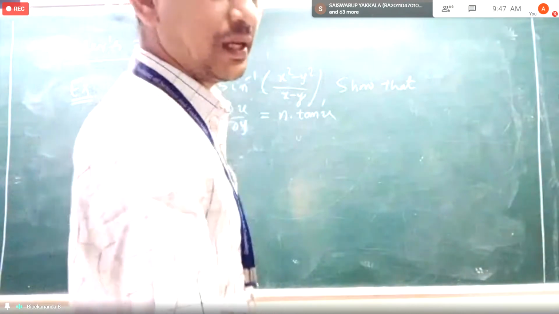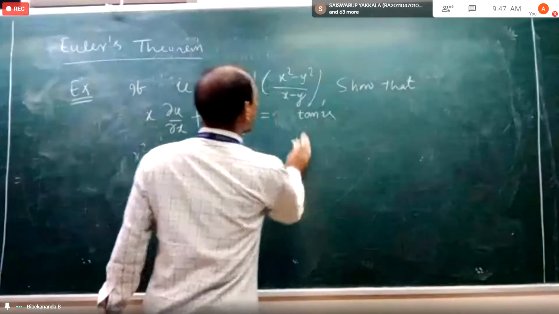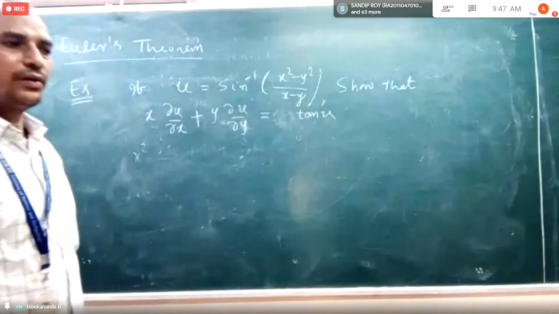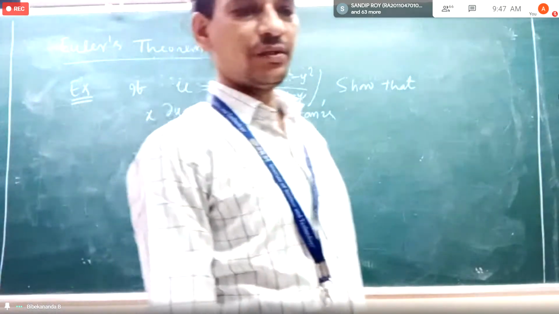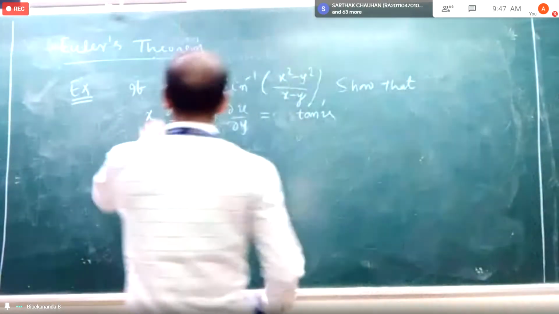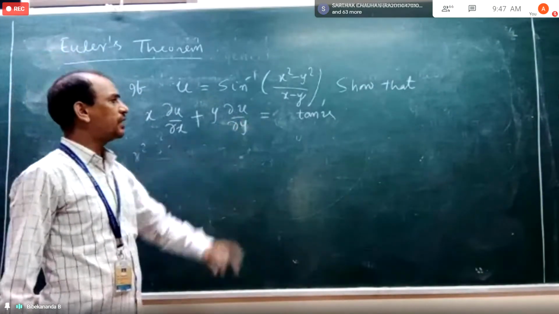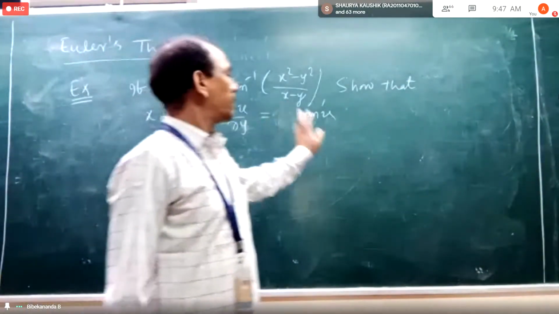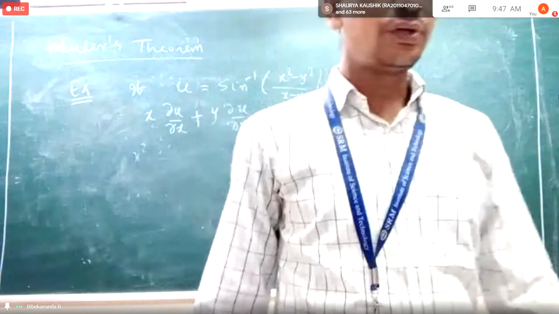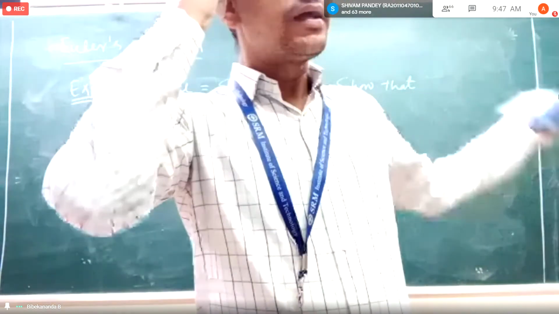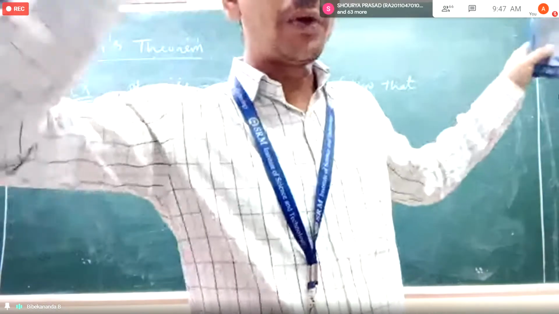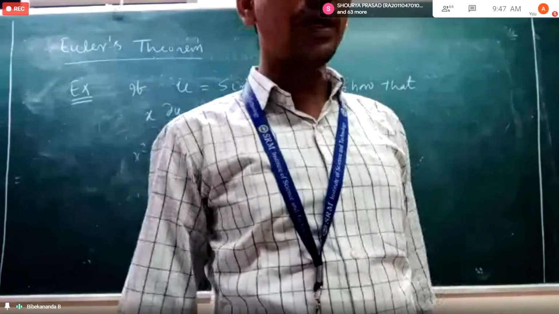Sorry, only tan u, not n tan u. So this is the question. You have to show that x into dou u by dou x plus y into dou u by dou y is equal to tan u. But I have told you, if u equal to something inverse of something, first of all, what do you do?